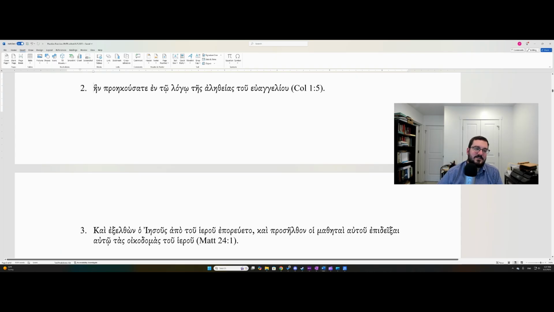All right. Line 2. Hen praxousate entolago tes alethias tou euangeliou. Okay, remember, we're just looking for the nouns that we've learned. We see right away, logo. Actually, here's the first declension one, right? 2 or 4, the word of truth, right?